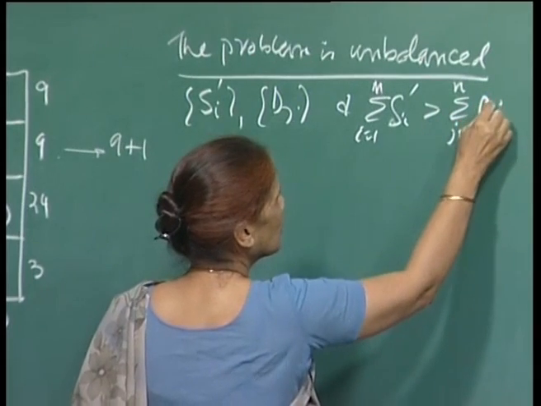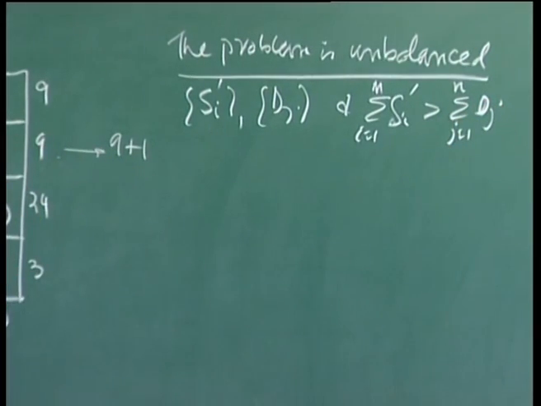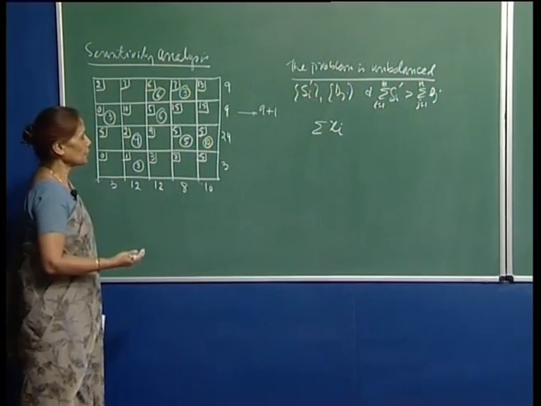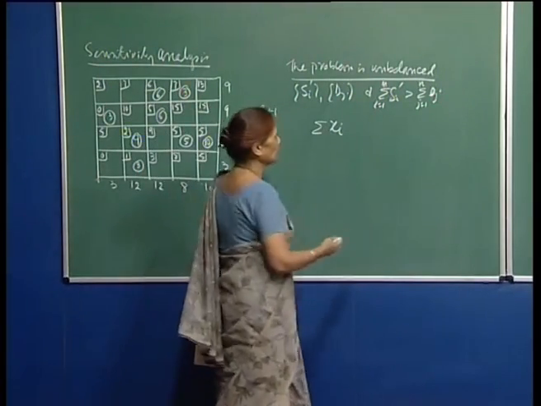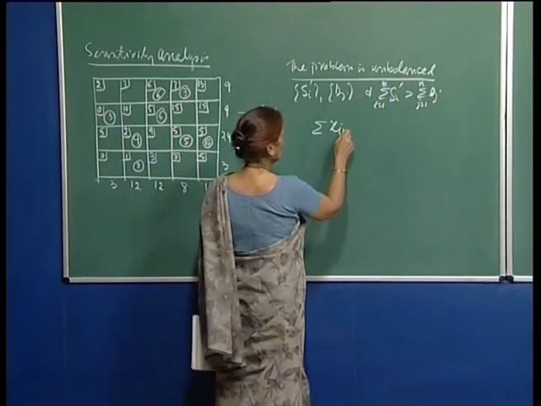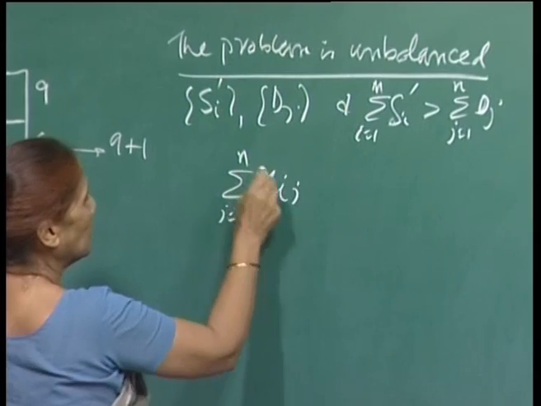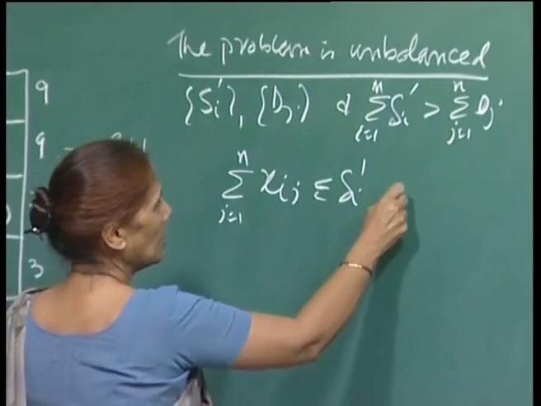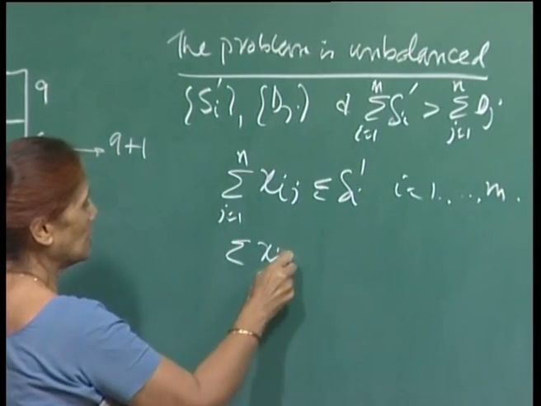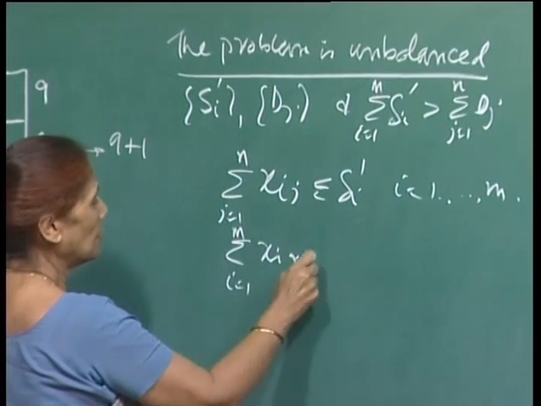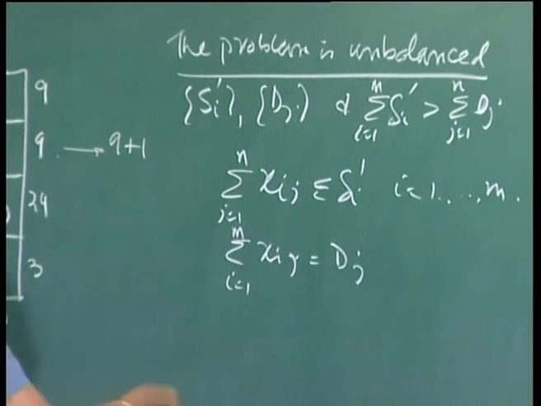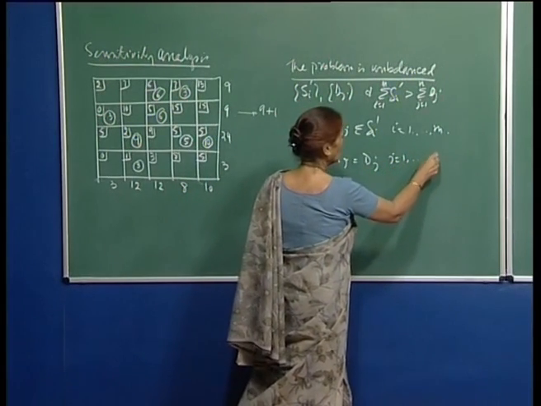So, that means your constraints, for example, now, since you do not know where the surplus will show, I do not know which constraint would be satisfied as equality and which supply constraints will be satisfied as inequality, right. So, summation x i j, j varying from 1 to n, would be less than or equal to S i prime, because I do not know which one, and then summation x i j, summation over i varying from 1 to m, is equal to d j. So, I have to meet the demand constraints, j varying from 1 to n, right.